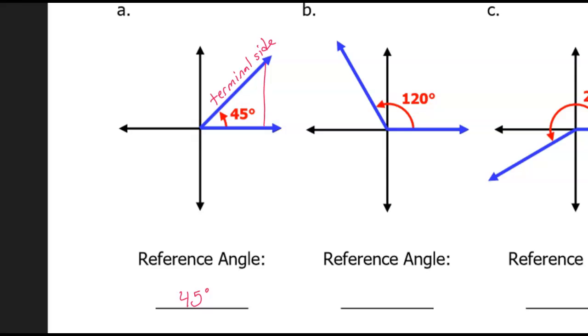You create a reference triangle by making sure that your reference angle is in it, which it is, great, and also by drawing a line perpendicular with the x-axis. This is a reference triangle. It's always including a line perpendicular to the x-axis.